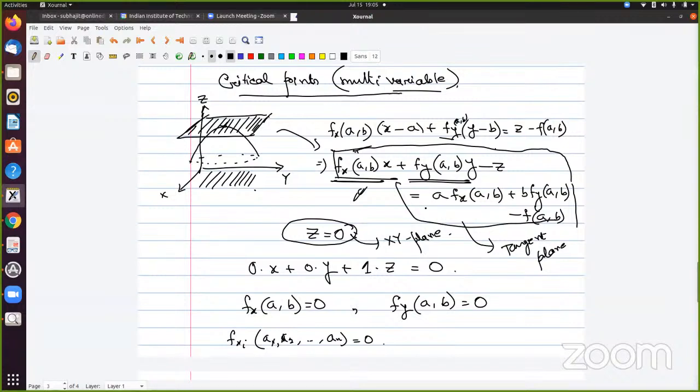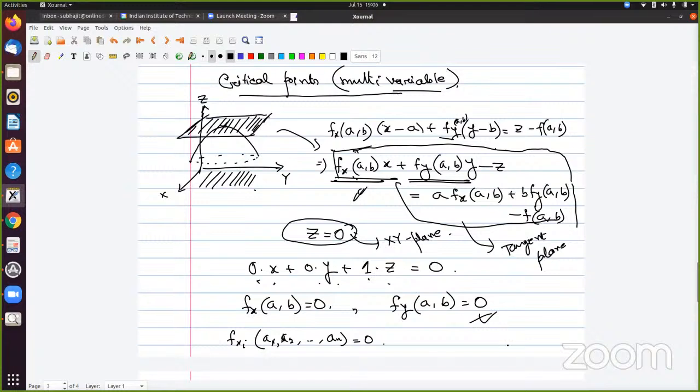The xy plane means 0 into x plus 0 into y plus 1 into z. There is a condition in 3D that two planes are parallel if the coefficient of x, coefficient of y and coefficient of z are in the same ratio. So from there we got that fx at a comma b is 0 and fy at a comma b should be 0.